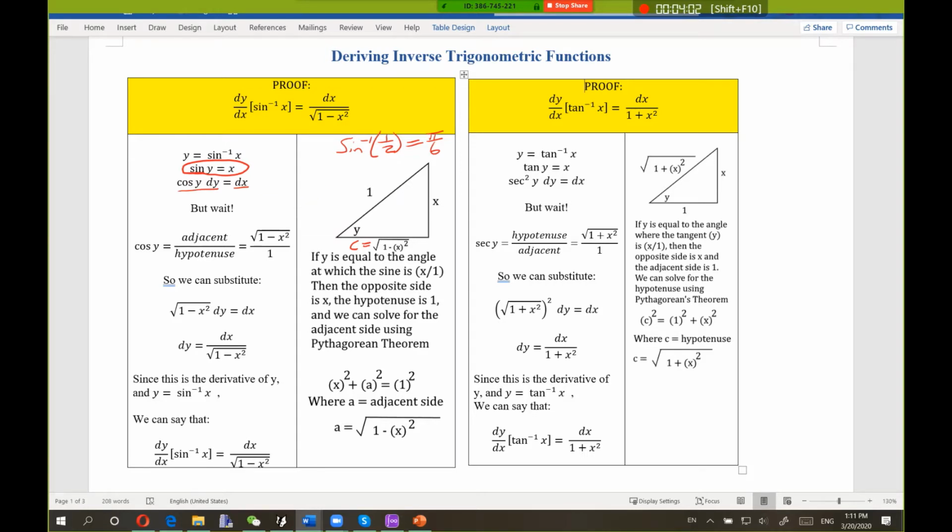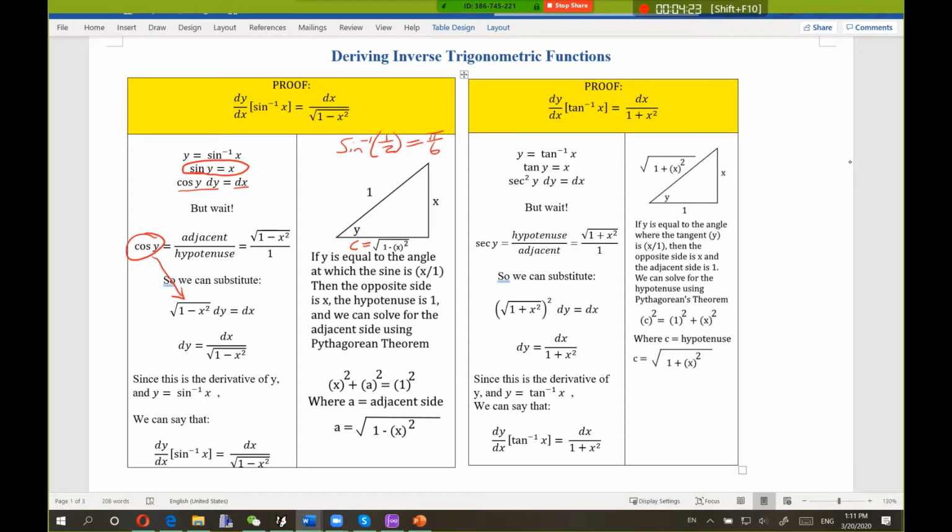So now I can substitute. The cosine of y is the adjacent over hypotenuse, so that's root 1 minus x squared over 1. So I've got root 1 minus x squared dy equals dx.